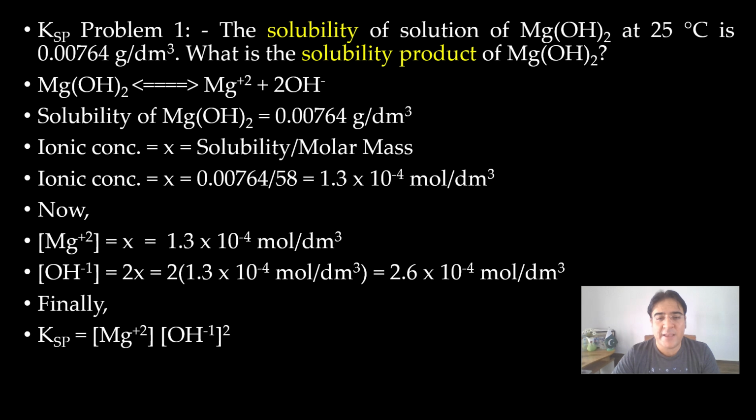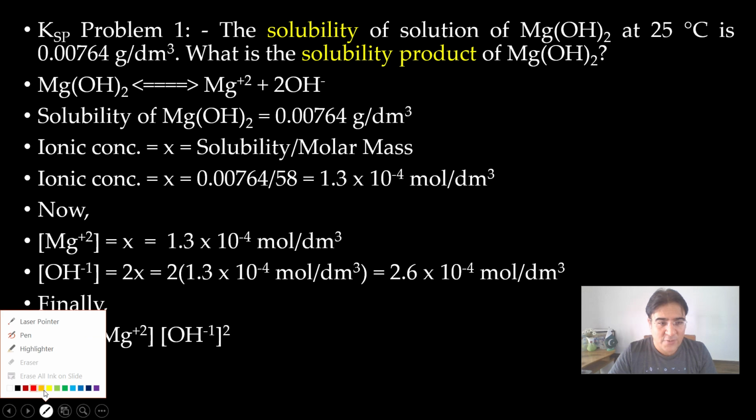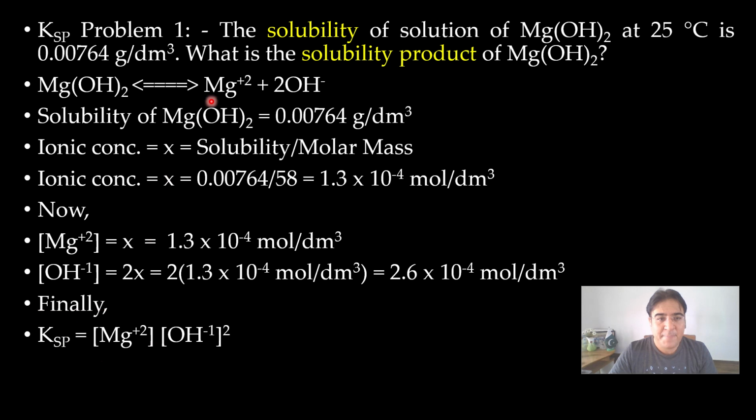Finally, Ksp is the product of ionic concentration, and the way we write active masses, the Mg2+ in the square brackets and the OH minus in the square brackets with the power 2, if you can see over there, my dear friends, because there is only one Mg2+ ion.